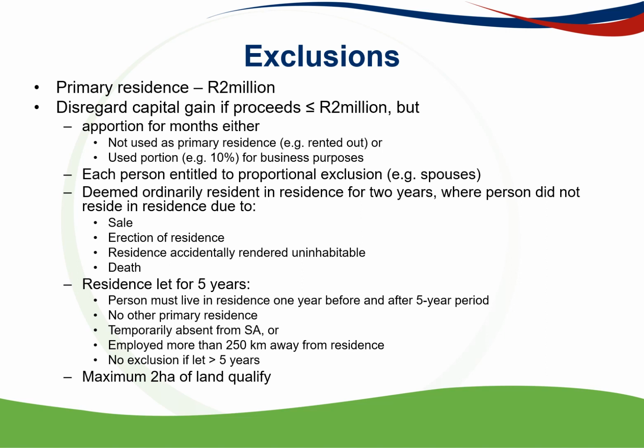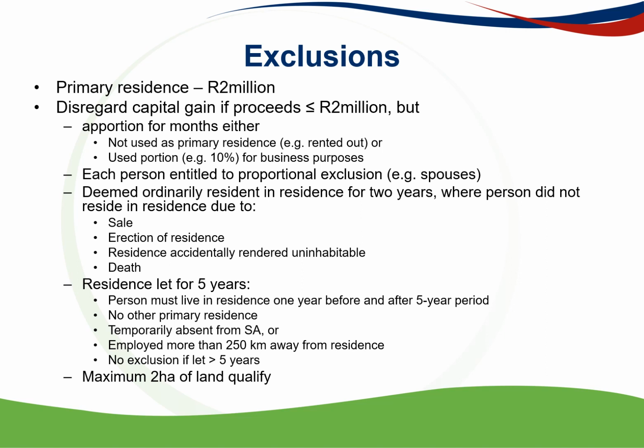Or, with the erection of a residence, the taxpayer purchased a piece of land and started erecting a primary residence there, and the residence was accidentally rendered uninhabitable, through a natural disaster like flooding or so, or the death of the taxpayer. In these instances, the taxpayer is deemed to have lived in that primary residence for 2 years. But if it exceeds 2 years, say for instance 3 years, then that third year will not qualify for the 2 million rand primary residence exclusion.